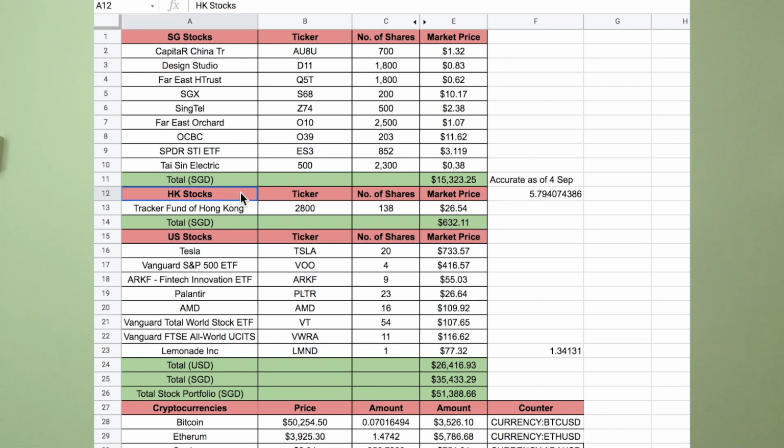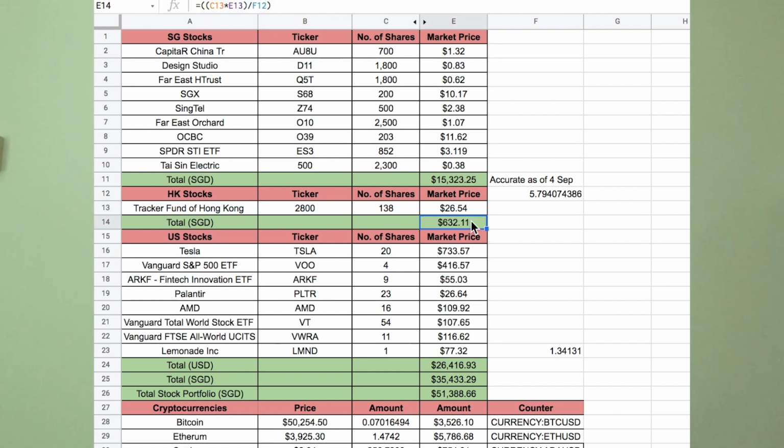Next would be my Hong Kong holdings, which is actually only one, the tracker of Hong Kong. This ETF tracks the Hang Seng Index. I do not have a large amount of it, and it was bought through a regular savings plan with FSMone, and I bought it at a relatively good price, I would say.